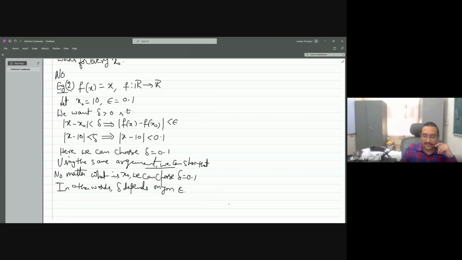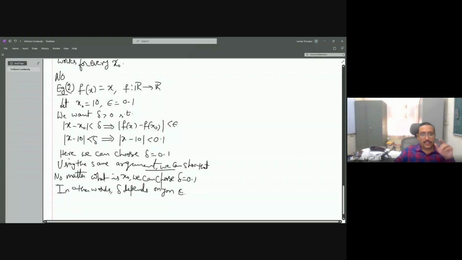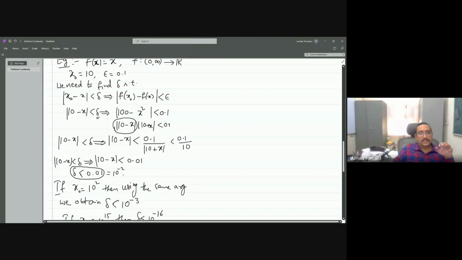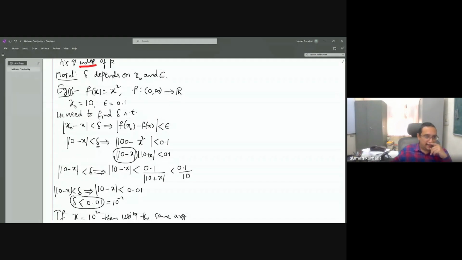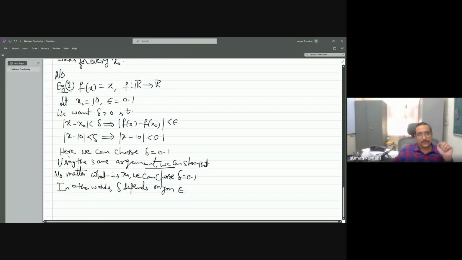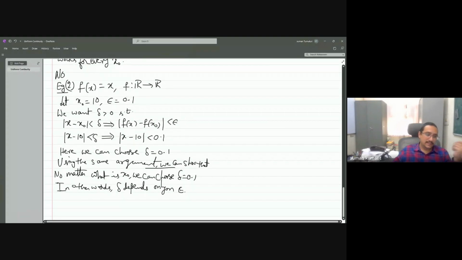Okay, that's perfect. So from these two examples, we have understood that there are two types of functions. One type looks like f of x equal to x square, where delta depends on both epsilon and x naught. And there are some types of functions where delta depends only on epsilon, but not on x naught.